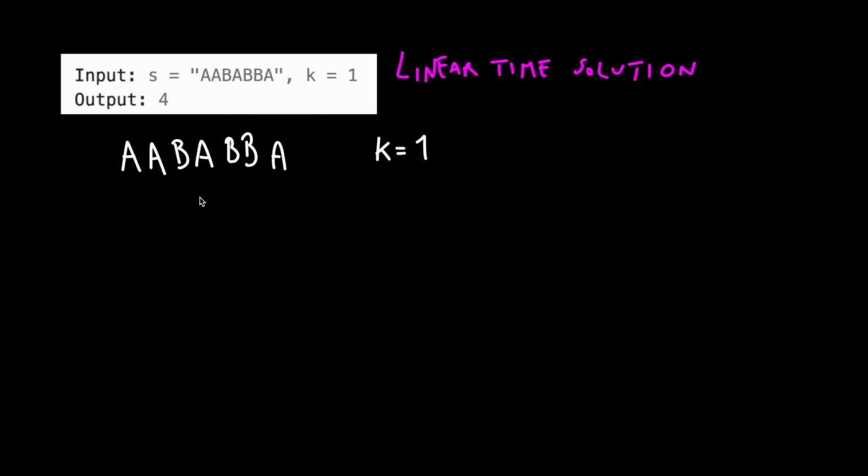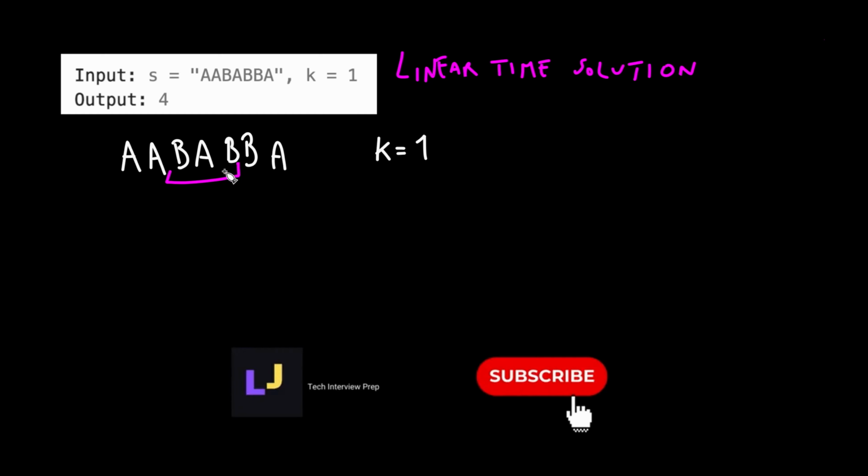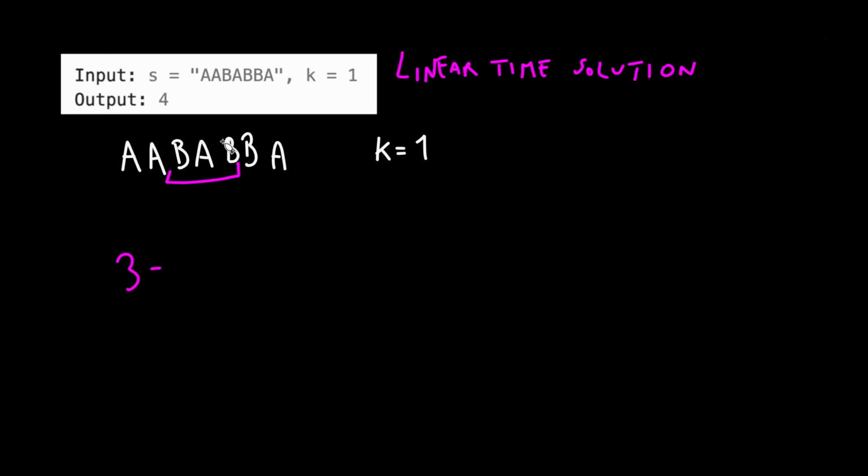One way to solve this problem is to use something called a sliding window. Let's say we have a window of size 3 here. There is a simple way to check whether one replacement is going to be enough to have the same characters in this substring. We take the length of our window, in this case 3, and subtract the occurrence of the most frequent character in this window.